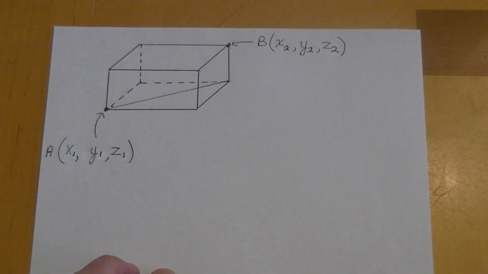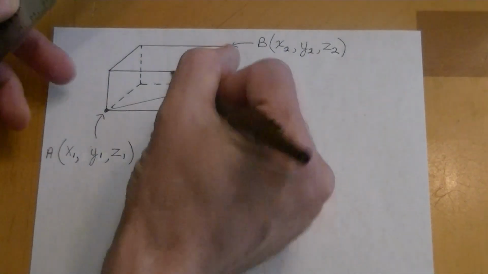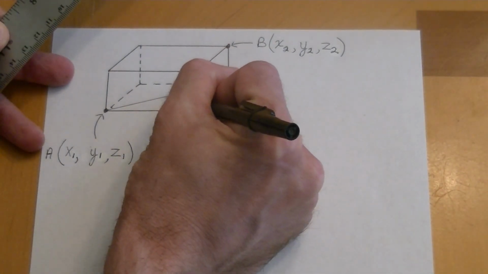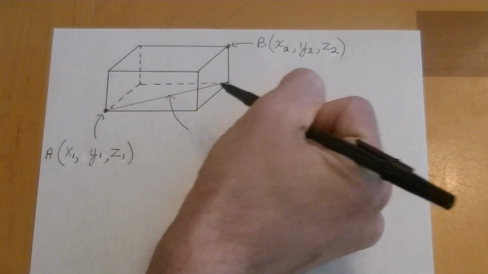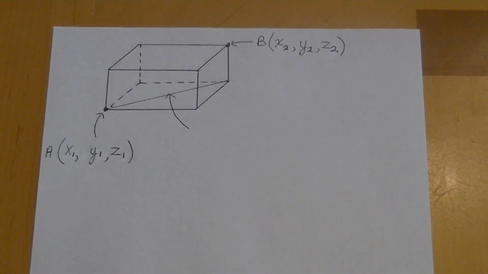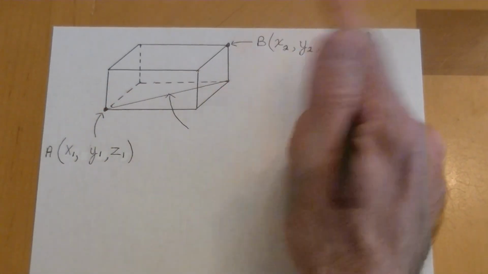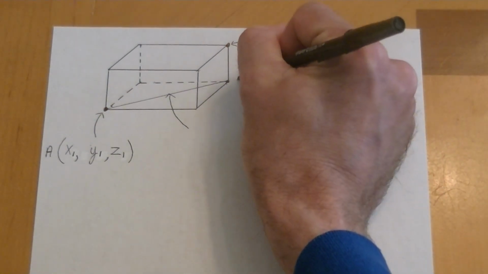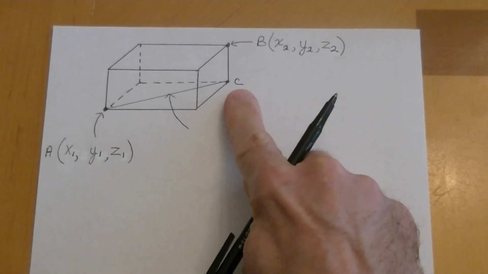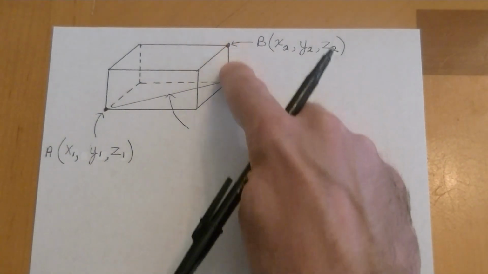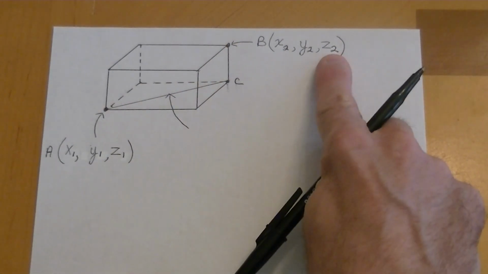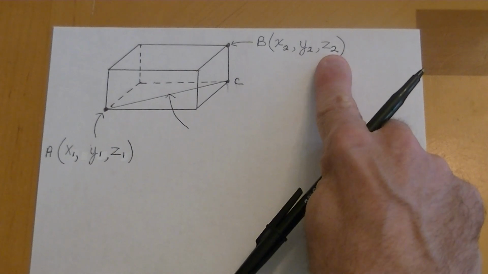And I want to figure out how long this is. For starters, this is the distance from here to here. So where is this point? This point is just below this one. So that means the only difference is going to be the z value.